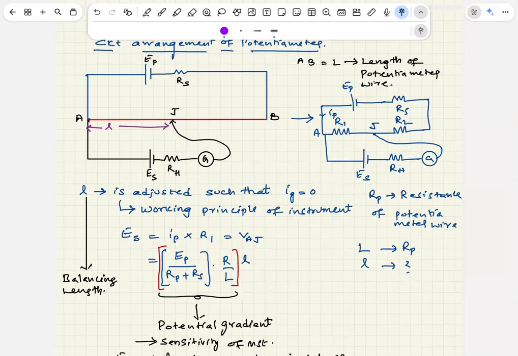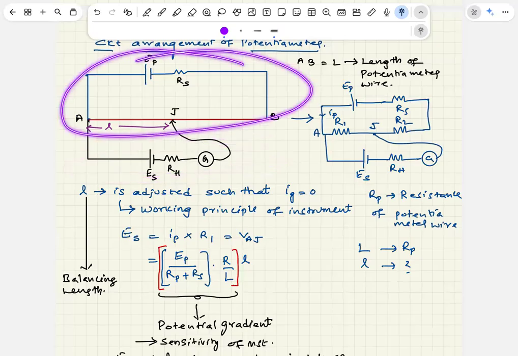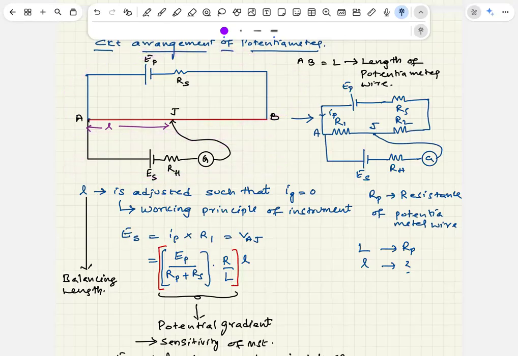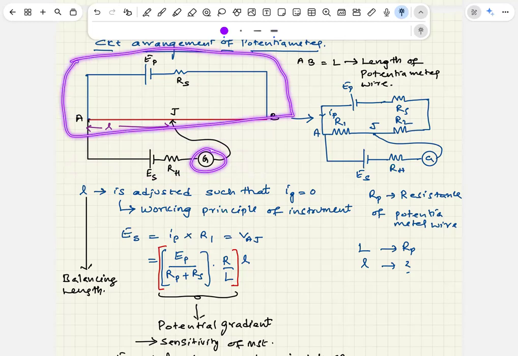First of all, you said that the galvanometer is not showing any deflection, which means this is totally isolated. Nowhere linked with this circuit, yes or no. When galvanometer shows zero deflection, this is totally isolated.